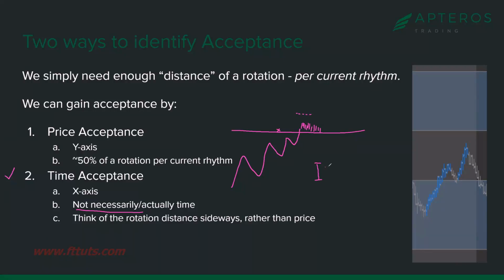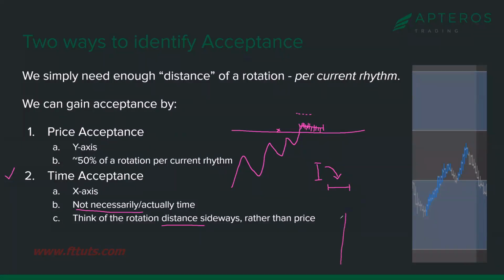But what if we rotated this down on its side like this? Well, guess what? Now we're pretty close to that. In fact, we're over 50%. It's a decent rotation, but you've just got to think of the distance. That's why I keep using this term distance.